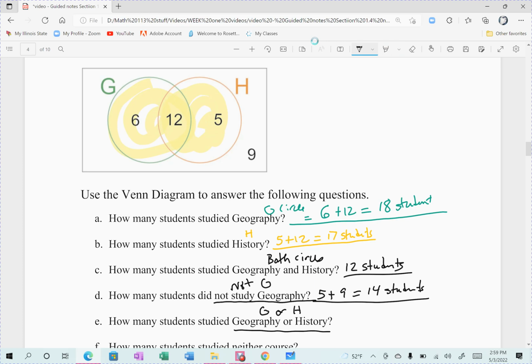So 6 who studied only geography, 12 who studied both, and 5 who studied only history. And then we add them up. Those are all of the students who studied one or the other subject that were asked. And so when we take our 6, 12, and 5, that adds up to 23 students.